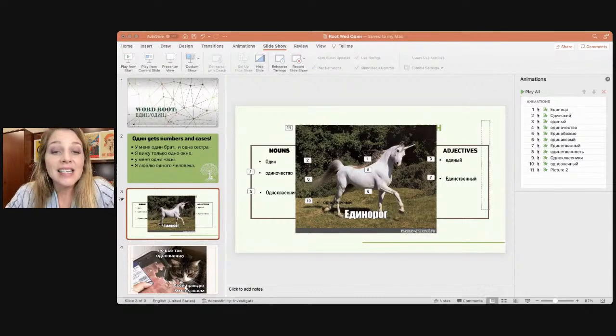Next, одинаковый. Одинаковый means like same. They are the same. And we'll practice that in context a little bit later. Over here, we have единственный, which means like an only, and in English, it usually translates as only.